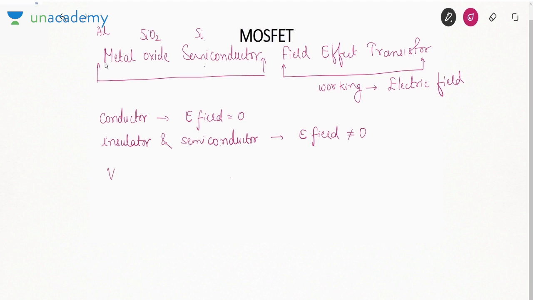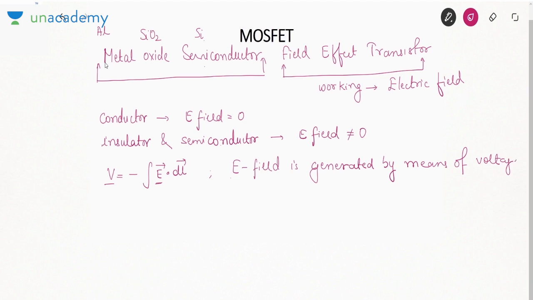We know that the potential difference is given as minus E dot dl. That means electric potential and electric field are related to each other. So we say that electric field is generated by means of voltage applied. By applying the voltage we generate an electric field.